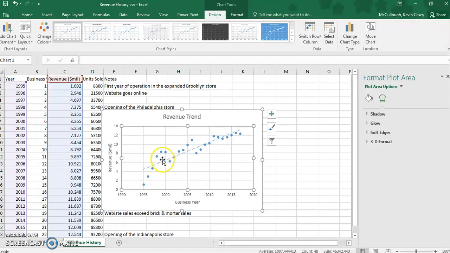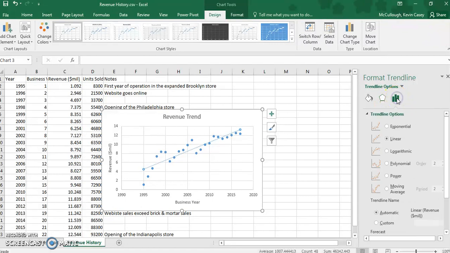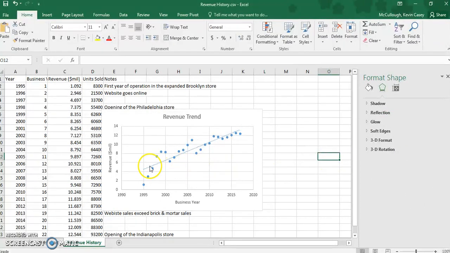So we have this trend line, and as the assignment asks us to do, we decide that we need to put in a logarithmic trend line. We can click on the trend line and go over here, trend line options. We can go down and change it to logarithmic, which doesn't look different at all, really.